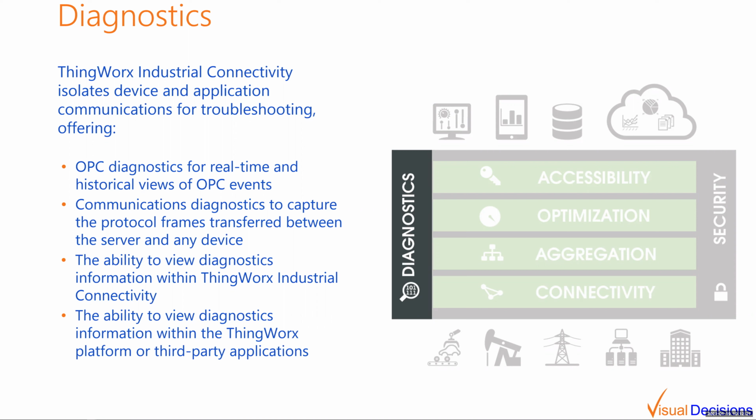And communications diagnostics capture the protocol frames transferred between the server and any device in real time. It provides diagnostic information through system-defined tags and is accessible to the same clients connecting to the data sources. And event information is accessible within the configuration tool, the ThingWorx platform, or to any application that supports the OPC alarms and events specification.